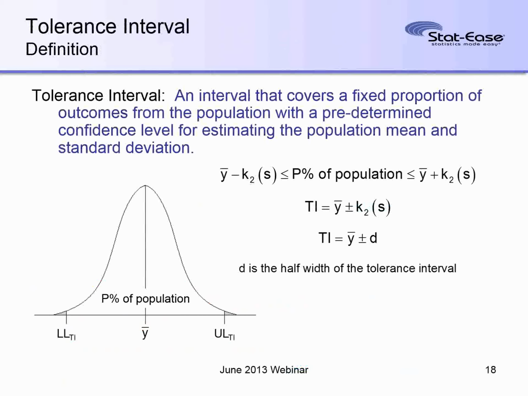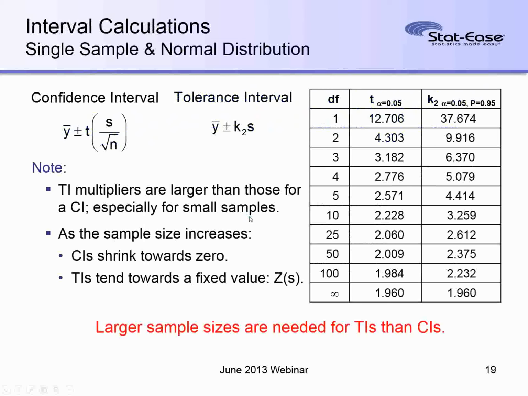And it's used similar to the way that a T interval is used for the confidence interval. The tolerance interval is equal to the prediction plus or minus the critical value times the estimated standard deviation. No surprises there. And as I've said, the tolerance interval is generally quite a bit wider.